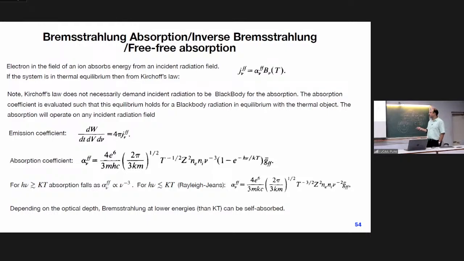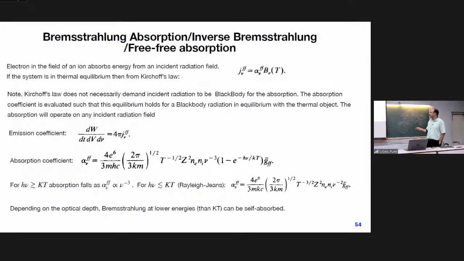You find that the absorption coefficient then naturally looks like this, where it again depends on 1 by square root of T, n_e times n_i, and then there is this exponential factor. Now you can of course approximate B nu into two terms, the Rayleigh-Jeans and the Wien cutoff limits. For the two different limits, you will find that the absorption coefficient has different dependencies on the frequency.